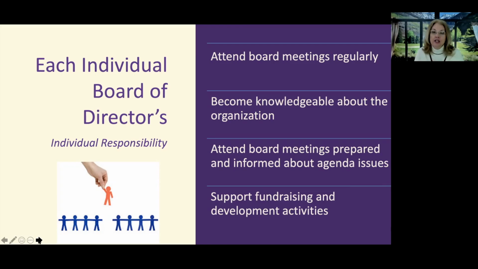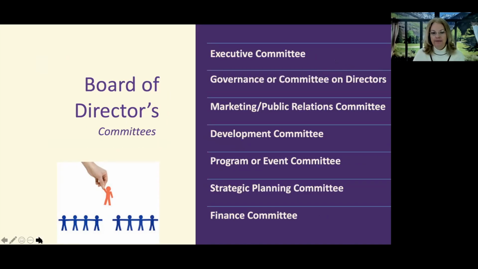You establish a dollar amount, say $10,000 or $5,000, and they check off, I'm willing to give at least that amount, or I'm willing to get that amount of money. Because again, they have that responsibility, so they need to know the organization, attend board meetings, and support the fundraising and development activities.